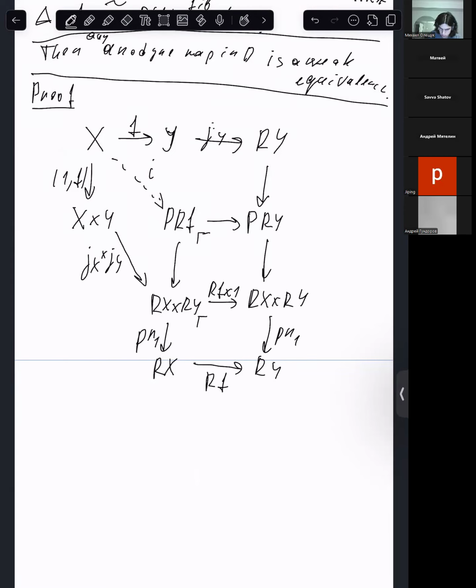The first square, this one, is a pullback of RF by the projection of the cross product to the first RY.